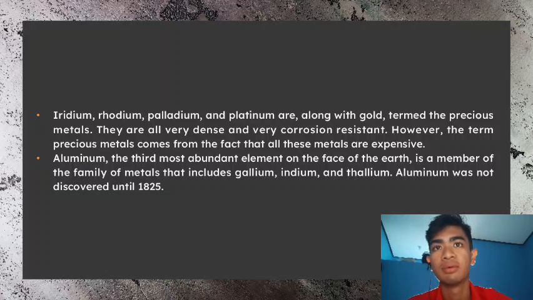However, commercially pure aluminum and aluminum alloys with copper, silicon, magnesium, zinc, and other metals have many industrial applications and are second to steel in volume of material produced commercially.